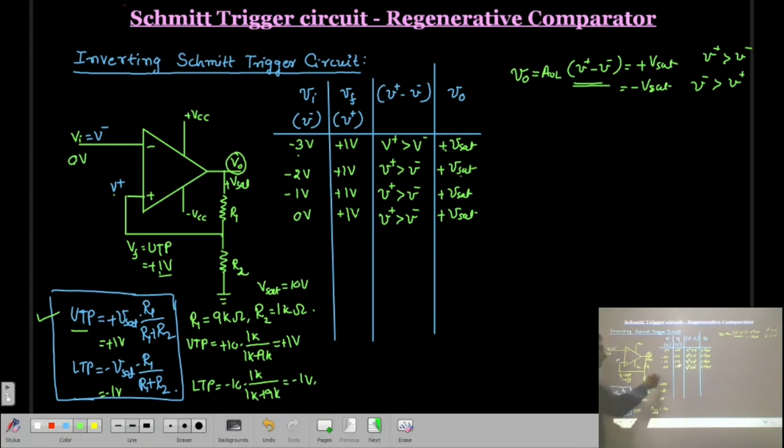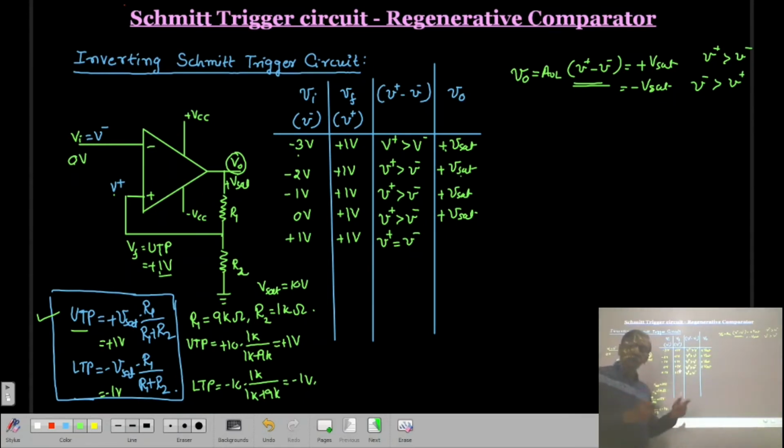Now, as we increase the voltage, let us say my input voltage becomes 1 volt. So, now here what will happen? V plus and V minus both are the same. Here my feedback voltage is 1 volt. But what will be the output?